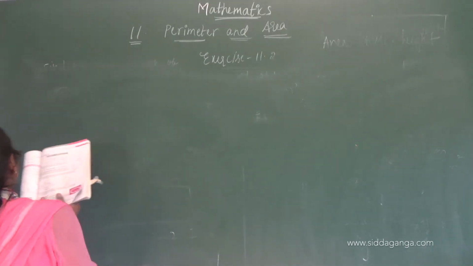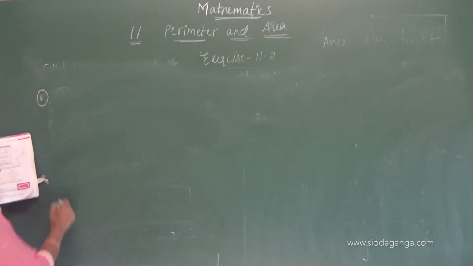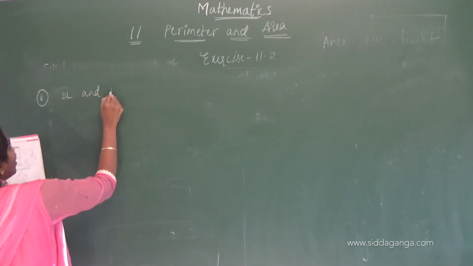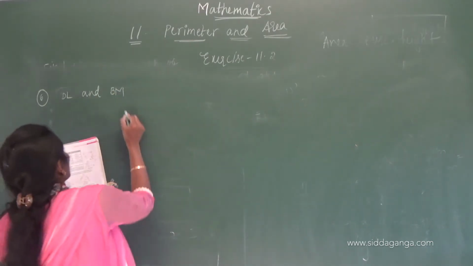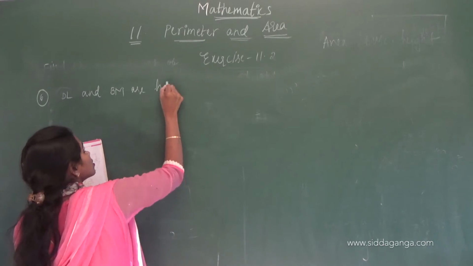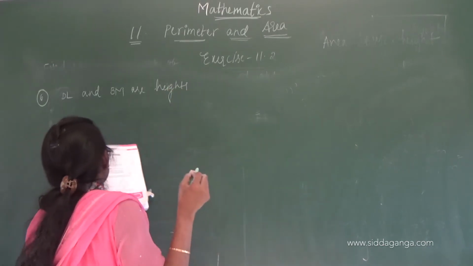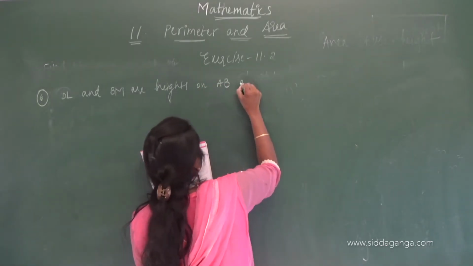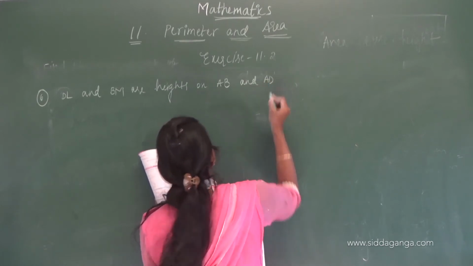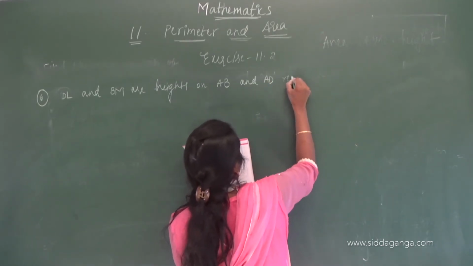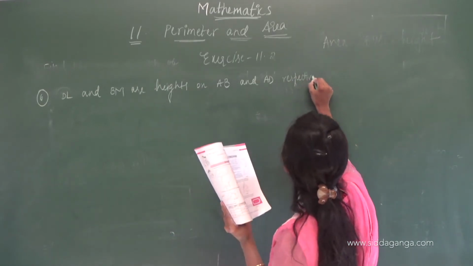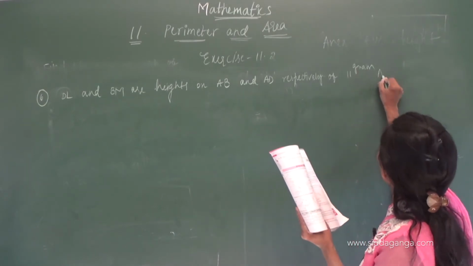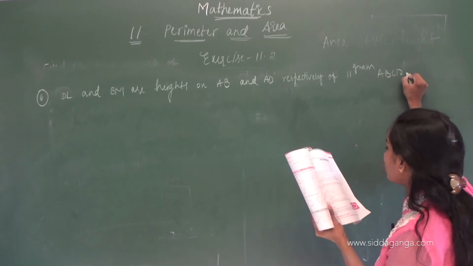See next question. Sixth question. DL and BM are heights on AB and AD respectively of parallelogram ABCD in the figure.